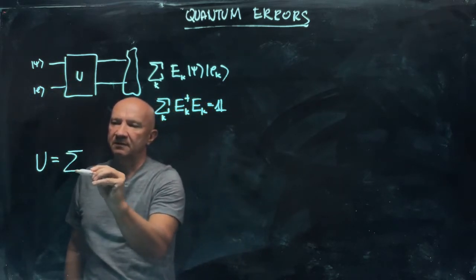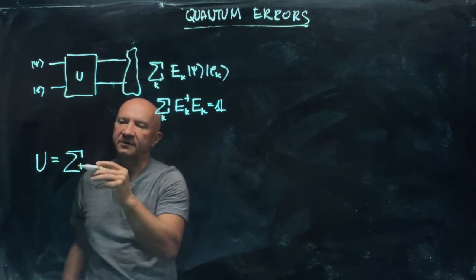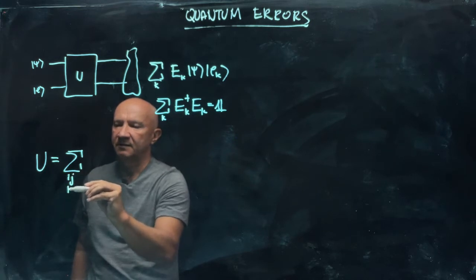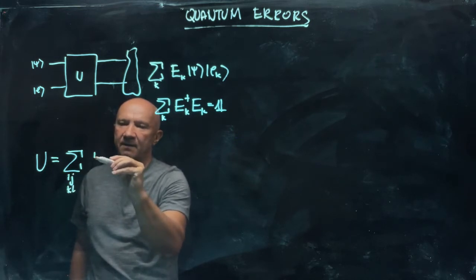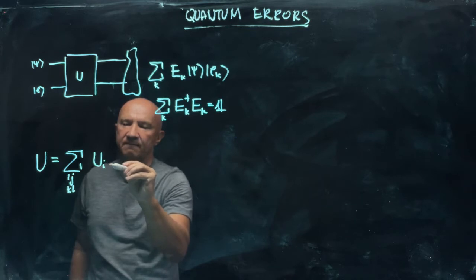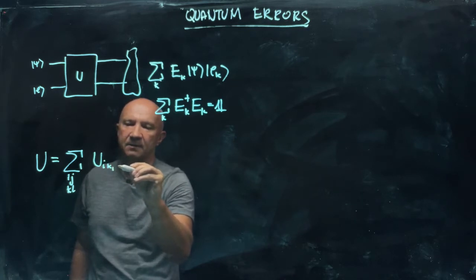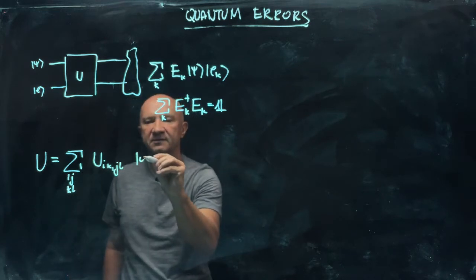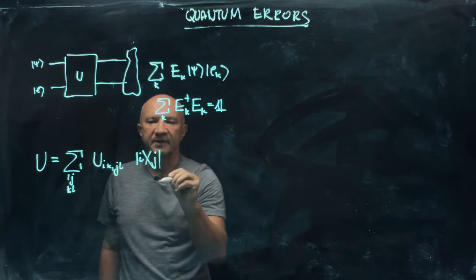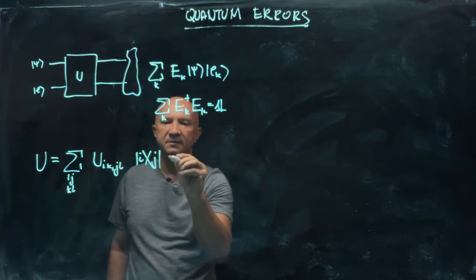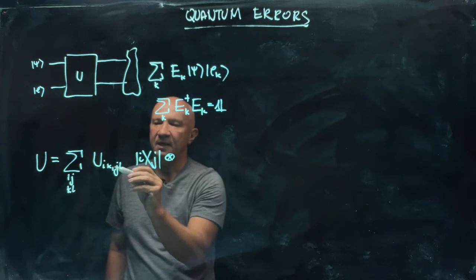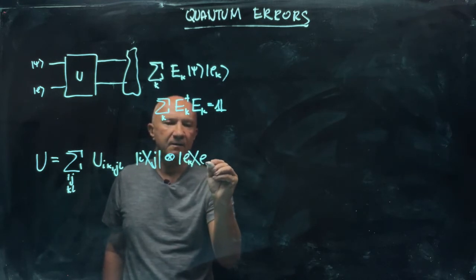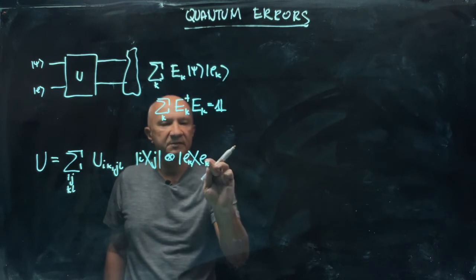Then in this basis I can always write a unitary on the composed system as a sum over i, j, k, l of U_{ik,jl}, where i and j will refer to orthonormal vectors from the system basis, and then k and l will index an orthonormal basis of the environment.